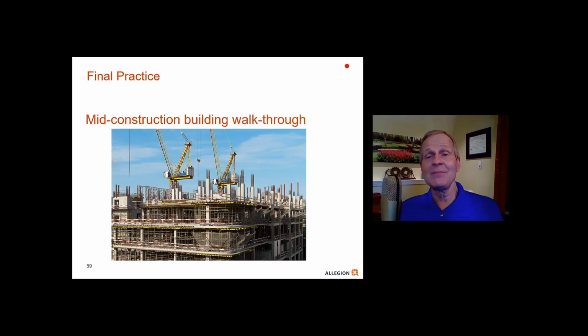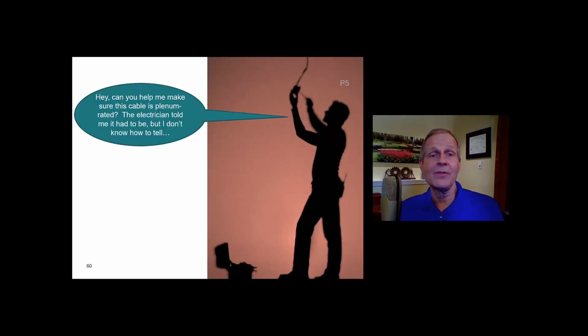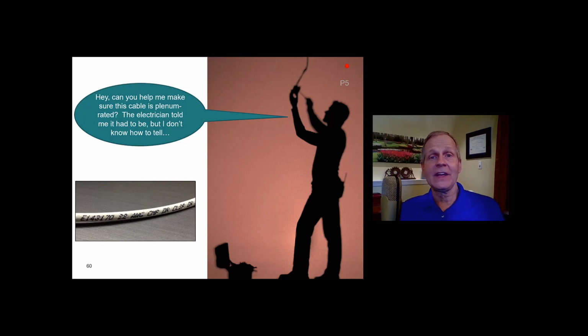So we've got a building in mid-construction. We're going to do a walkthrough. We've got a technician doing an installation here, and we want to make sure the cable is plenum rated. The installer is saying, well, the electrician told me that I needed to use shielded cable, and I want to know if this is an example of shielded cable. So take a look at that cable.